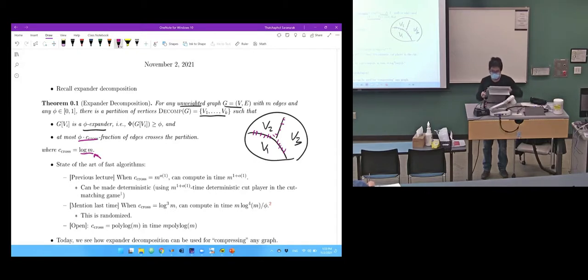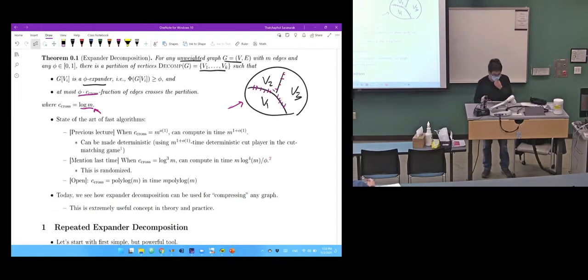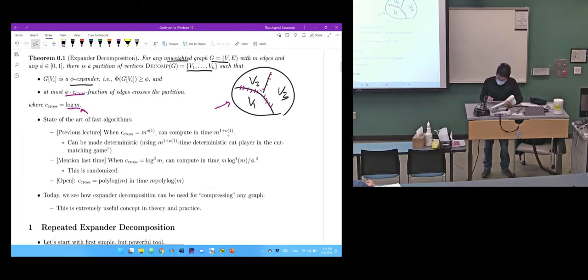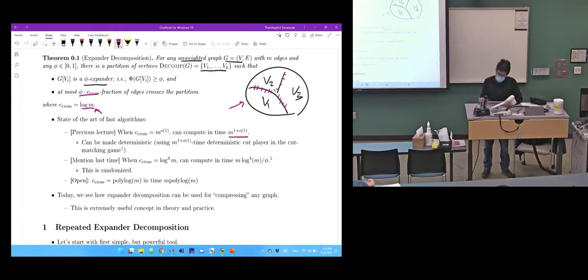But we can ask, can we find such a decomposition fast too? And we saw in the previous lecture that we can do it in actually almost linear time when this crossing factor, instead of log m, becomes some subpolynomial factor. So this is the thing that we talked about last time. Basically, the algorithm is just to call balanced sparse cut many times.